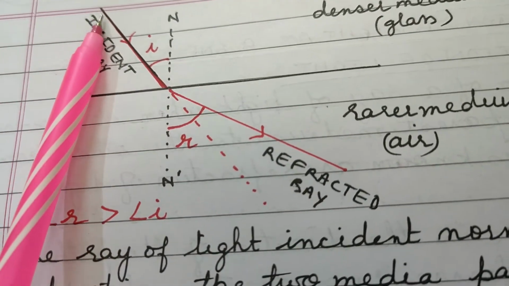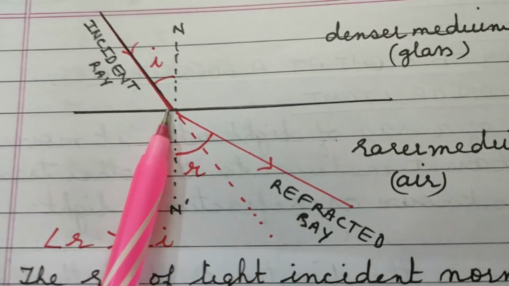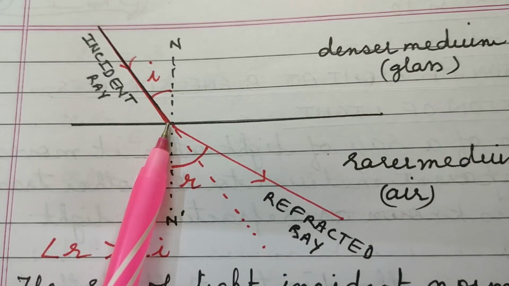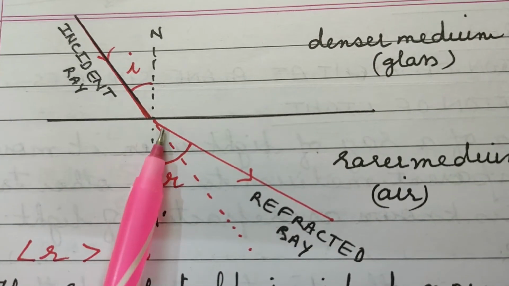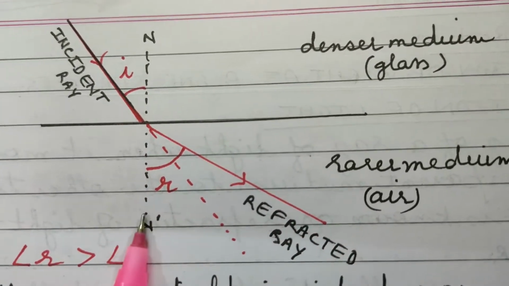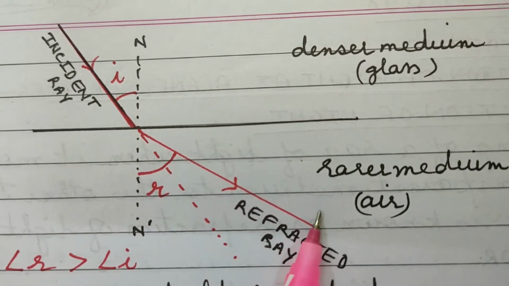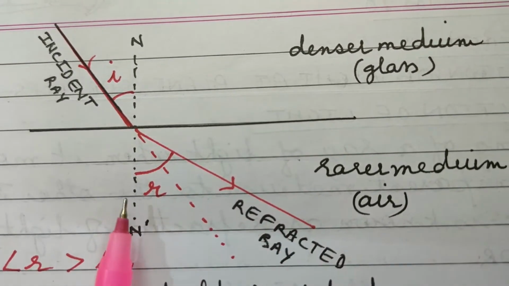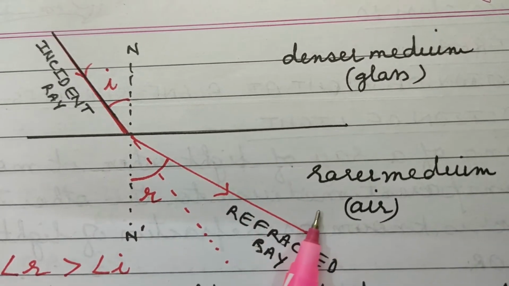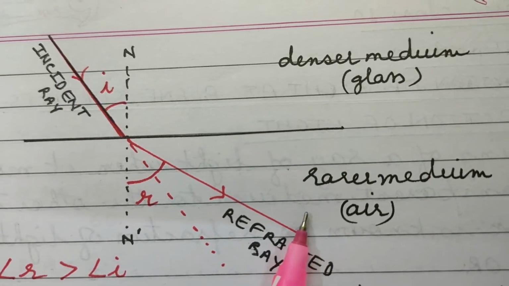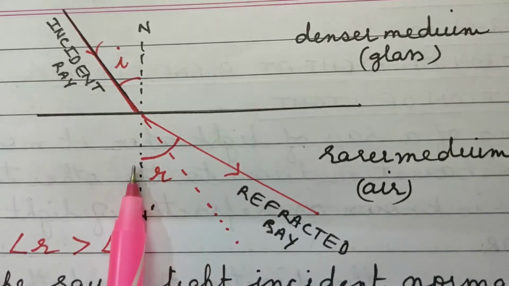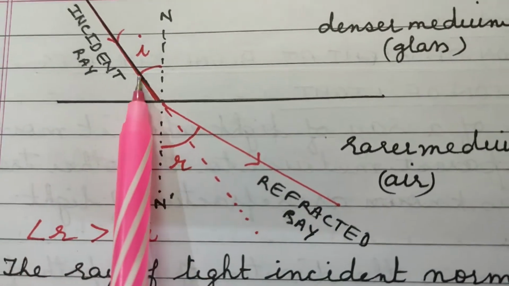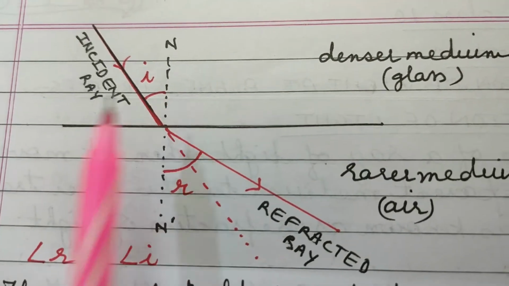When the ray of light is incident on the surface of separation, instead of going straight, the ray is moving away from the normal. We can say the ray of light is bending away from the normal. Therefore, the angle of refraction is greater than the angle of incidence.